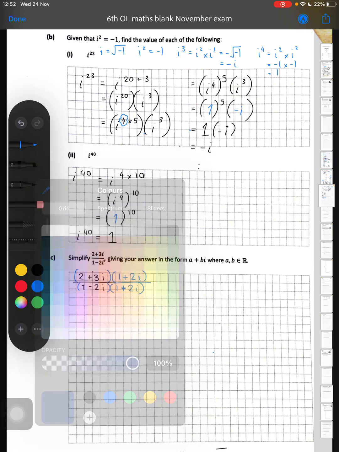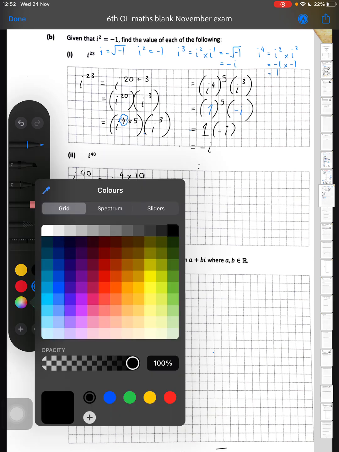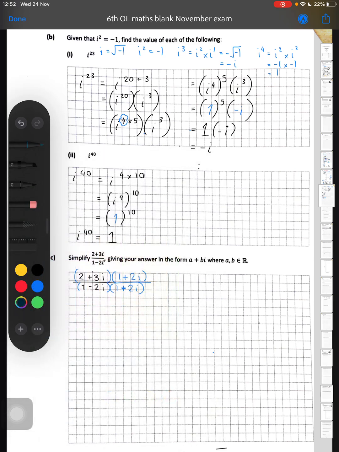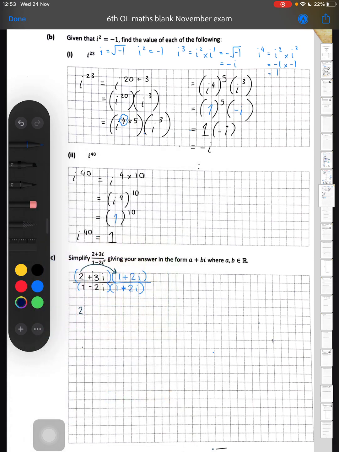So I have 2 plus 3i times 1 plus 2i. So the first bracket on the top needs to multiply by everything in the second bracket on the top. So 2 times 1 is going to give me 2. Then I have 2 times plus 2i, which is going to give me plus 4i.